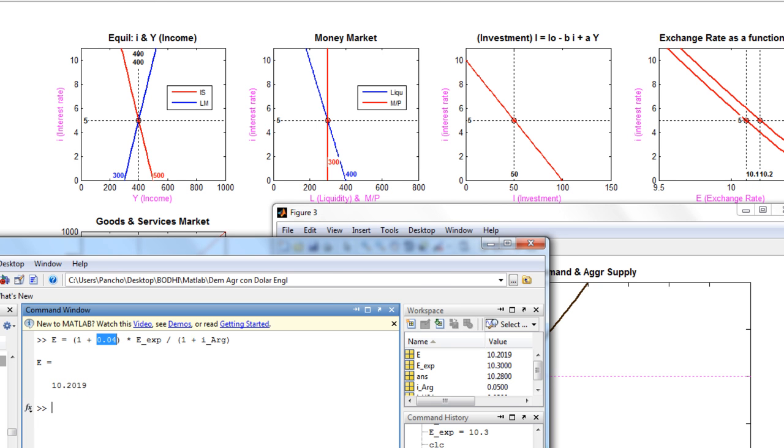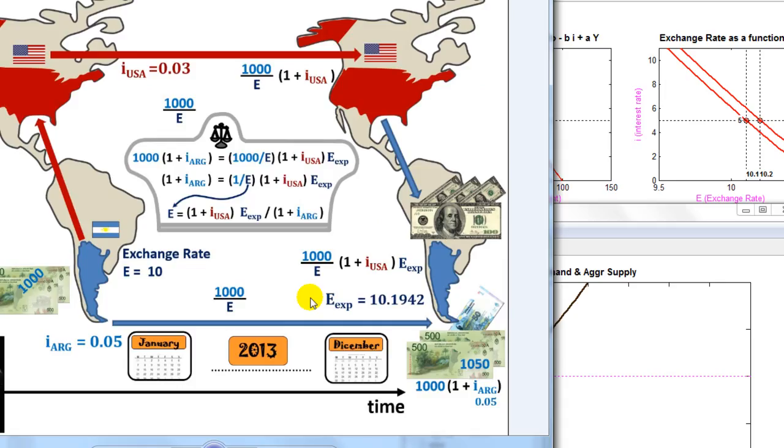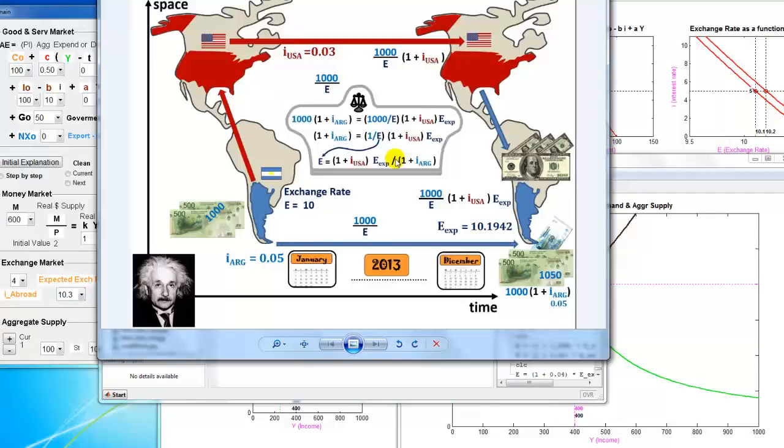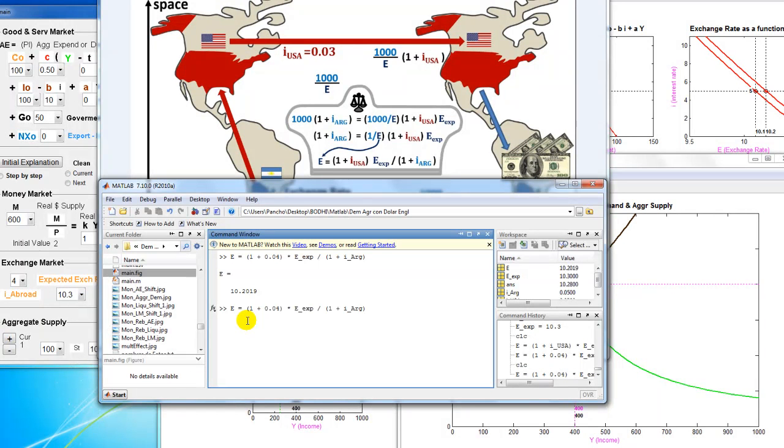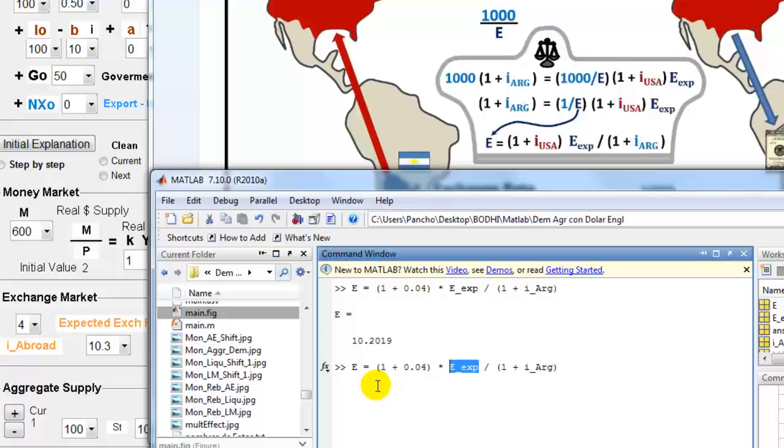Now, if the expected exchange rate goes up here, mathematically it says that in direct relationship the exchange rate has to go up in exactly the same proportion, so the prophecy is fulfilled. So if the expected exchange rate that right now is 10.3 passes to, let's say, 10.5, so what we get here is 10.5 instead of 10.3.